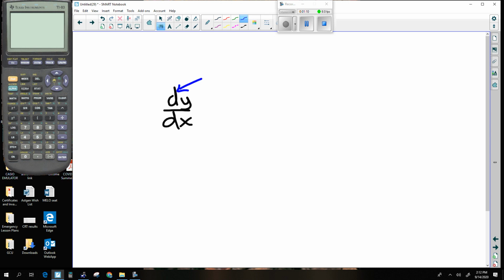Think of the letter D as the words "change in." So this would be a change in y over the change in x. A change in y, this is a Greek letter delta, over a change in x.